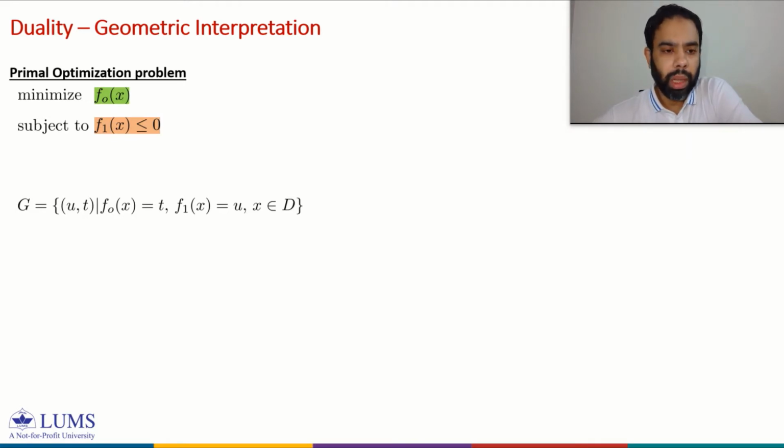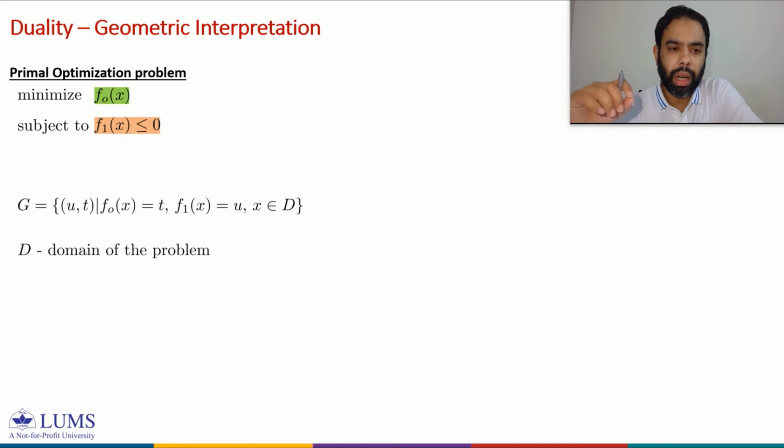D here is the domain of the problem. So this set can be interpreted as follows: you pick an x from the domain, and for each x we evaluate f0 of x and f1 of x, form a pair (u, t), and represent the point in the ut plane. So for each x in the domain, we obtain a point in R2.